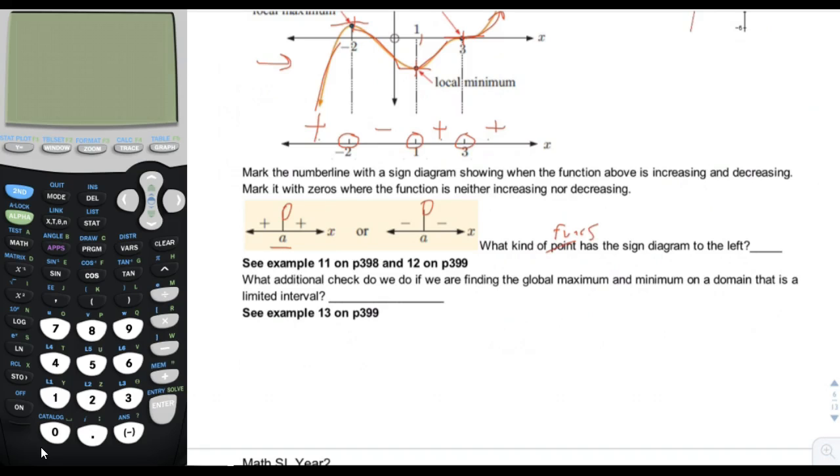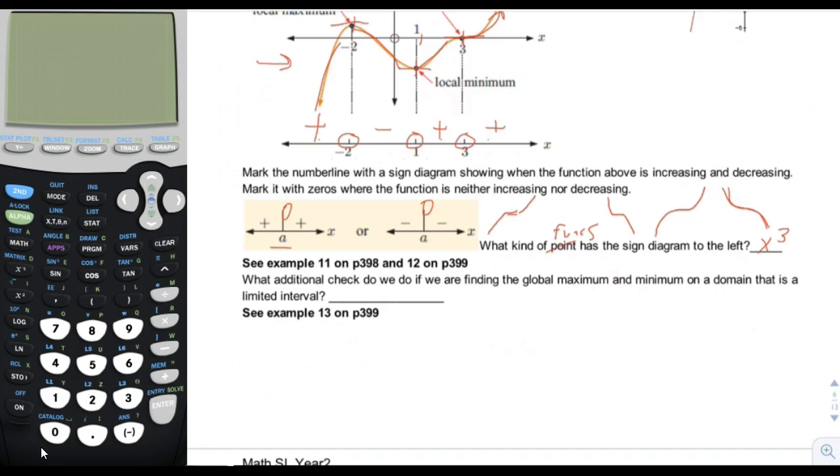So like the first one, what it's saying is, hey, you're increasing, and then you have a flat part because the gradient becomes 0, and then you're increasing again. And then this other one is like you're decreasing, and then you're flat, and then decreasing again. So it looks kind of like a x cubed function, right? So like an x cubed function goes like that or like that. Okay.